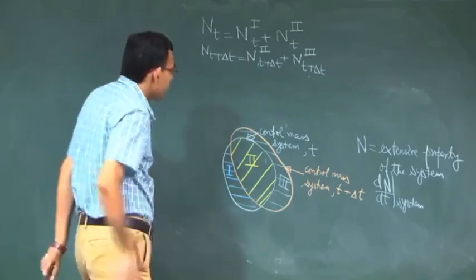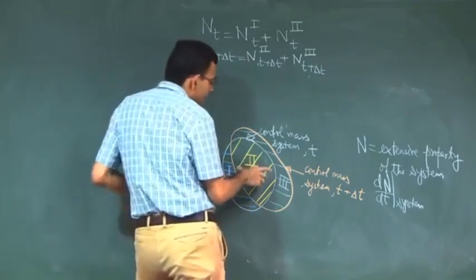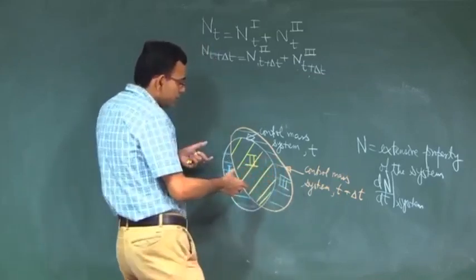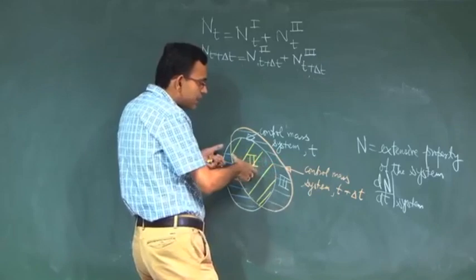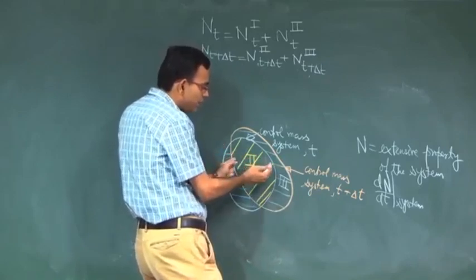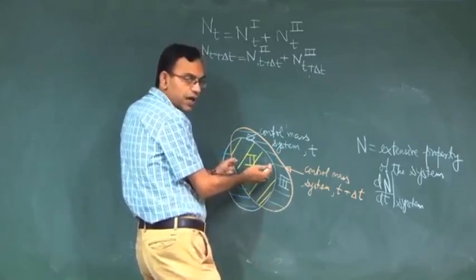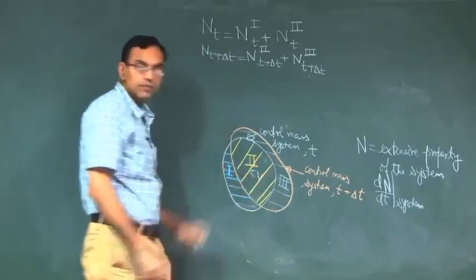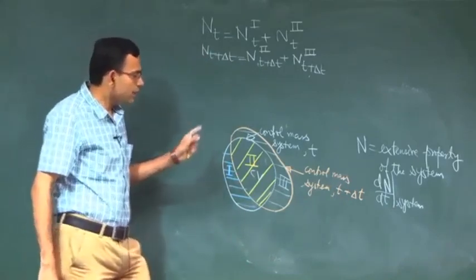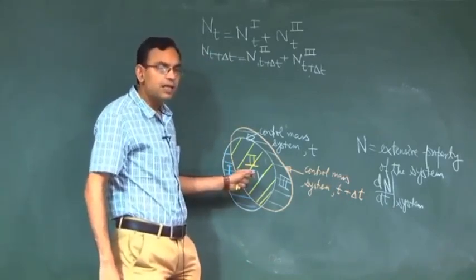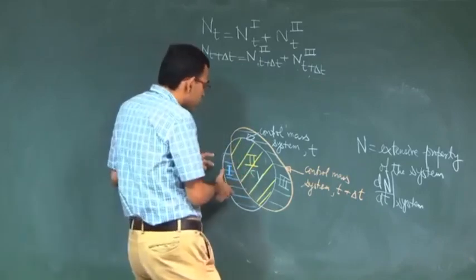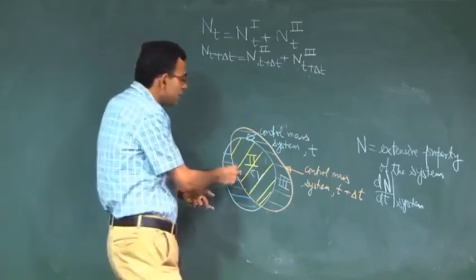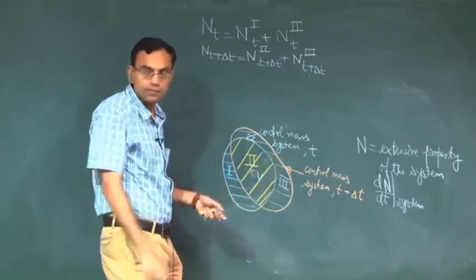Now one important thing to recognize is that when delta t tends to 0, these two configurations are so much overlapping that their common region can be thought of as our region of interest, which we call the control volume. So 2 we will define as our control volume, and in the limit as delta t tends to 0, the control mass system and the control volume almost converge on each other with a little bit offset regions.